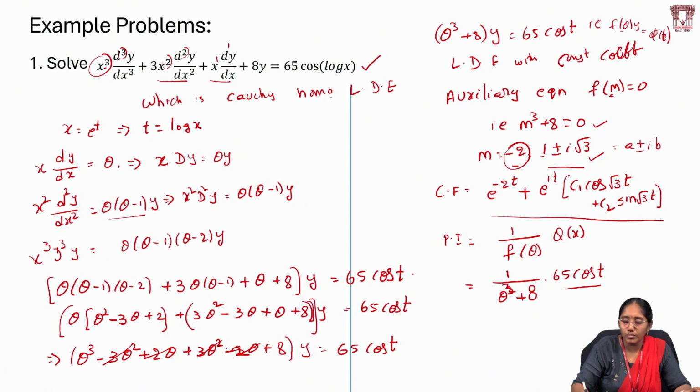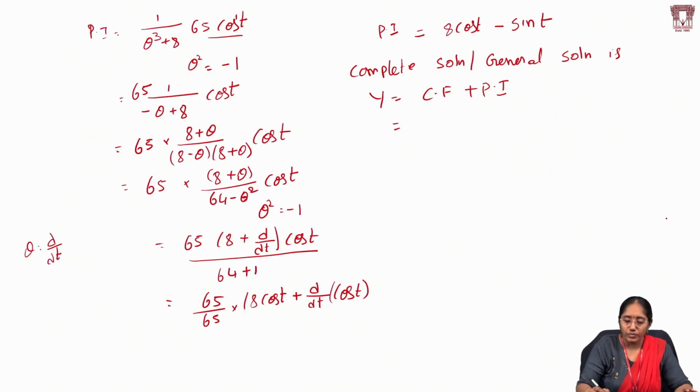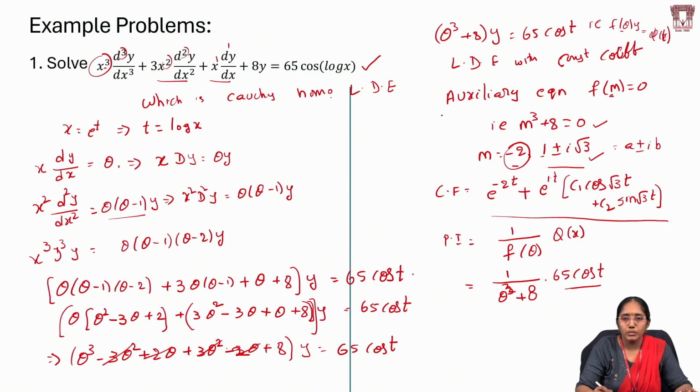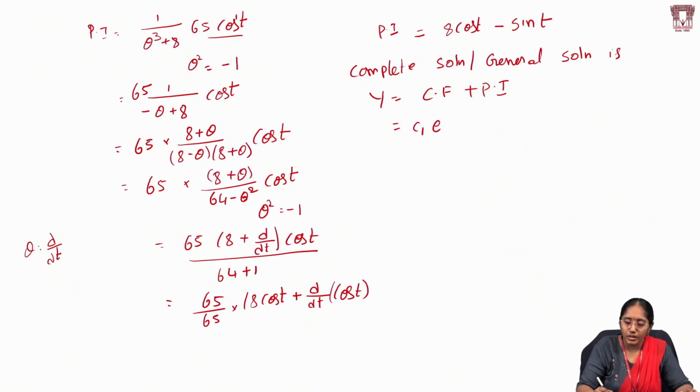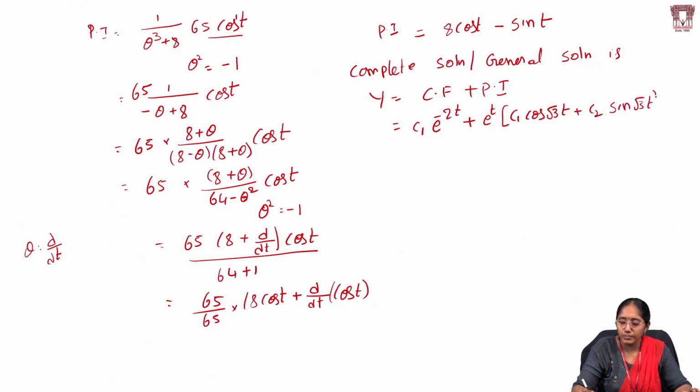Here, this is our complementary function: C1 e power minus 2t, plus e power t into C1 cos root 3t plus C2 sin root 3t, plus the particular integral, that is 8 cos t minus sin t.